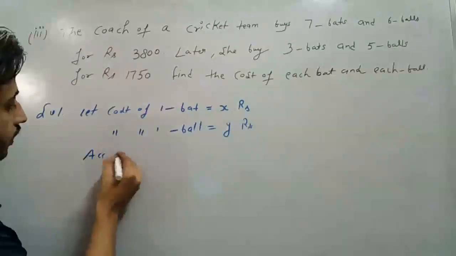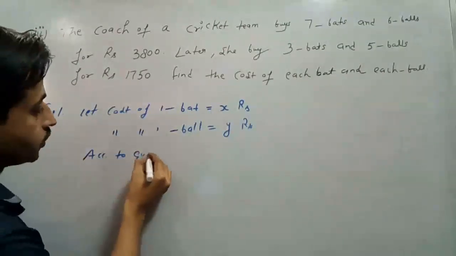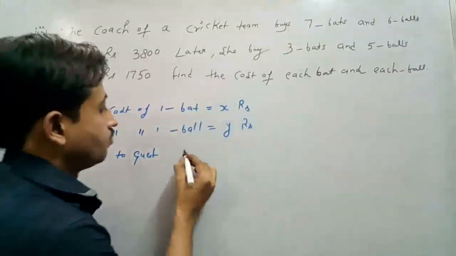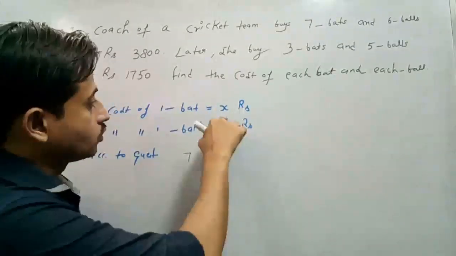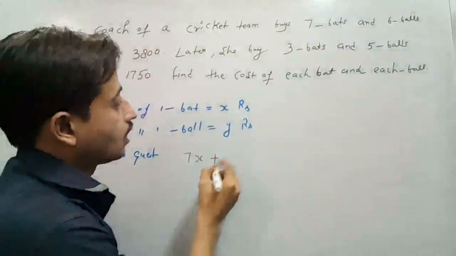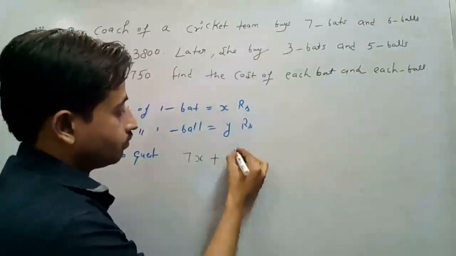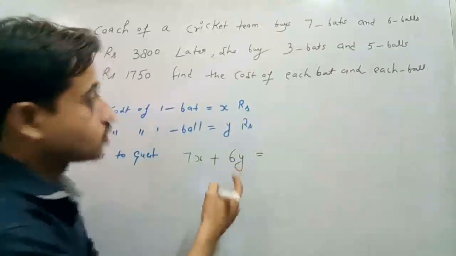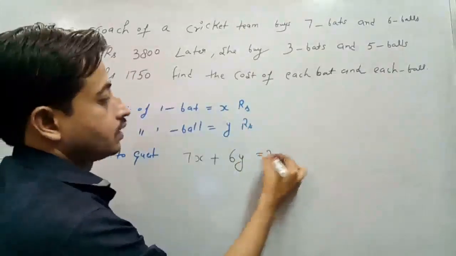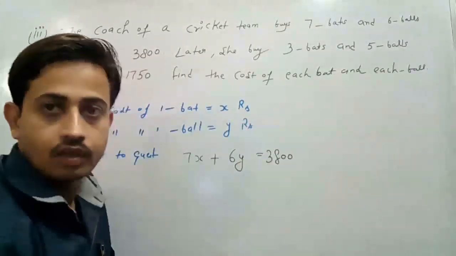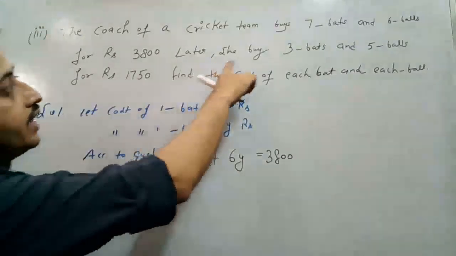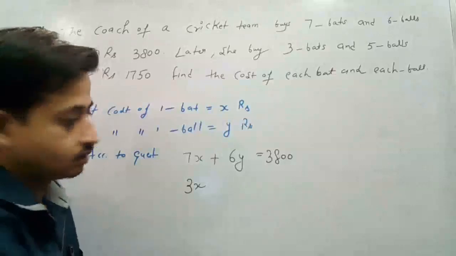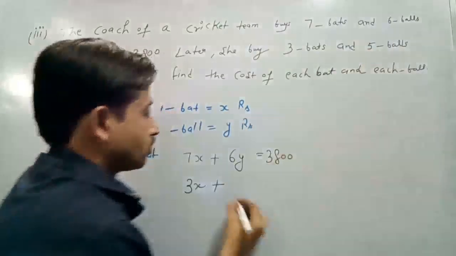According to the question, we purchase 7 bats and the cost of a bat is x. Now we purchase 6 balls and the cost of a ball is y. Now the total cost is 3800.